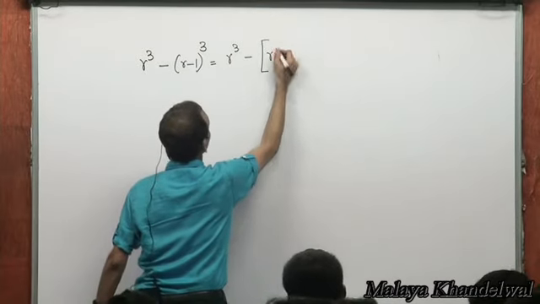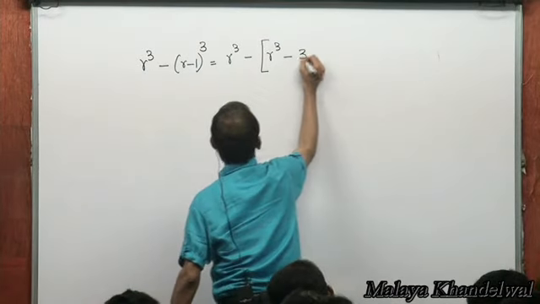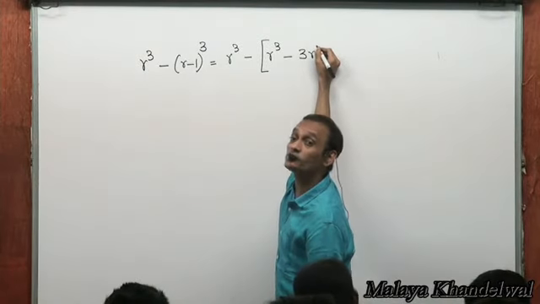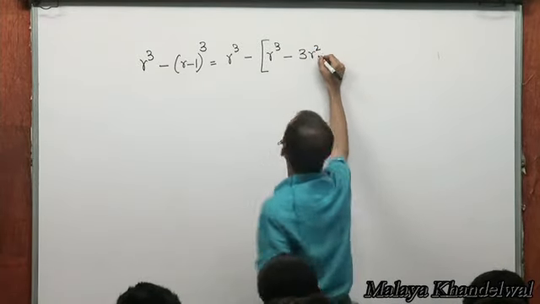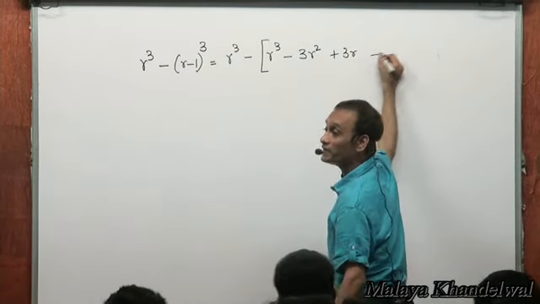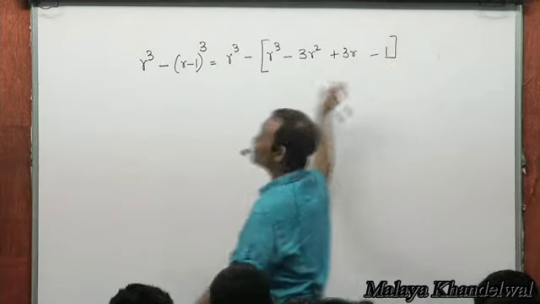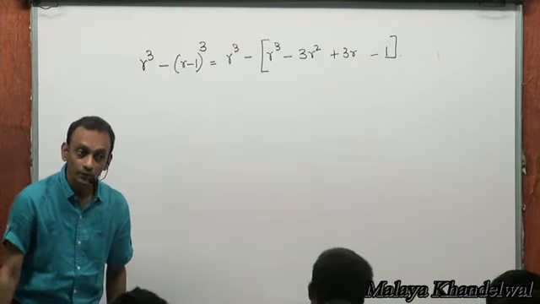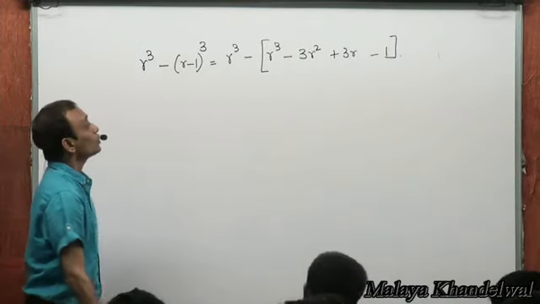So A cubed minus 3A squared B plus 3AB squared minus B cubed. Yes or no? Clear? Right?